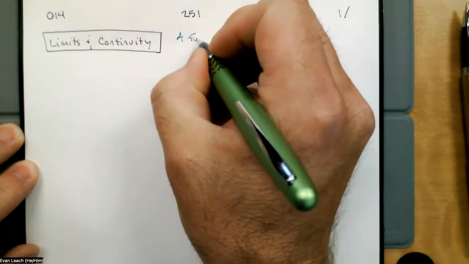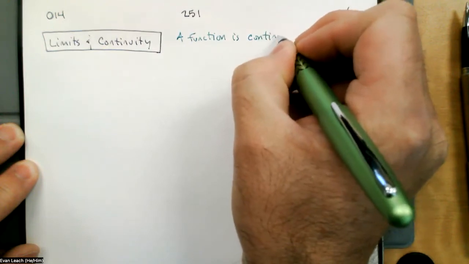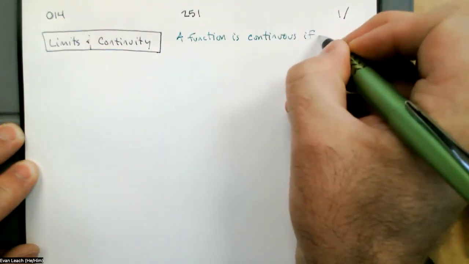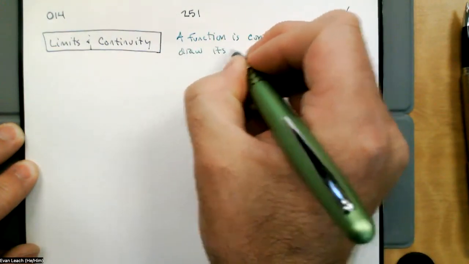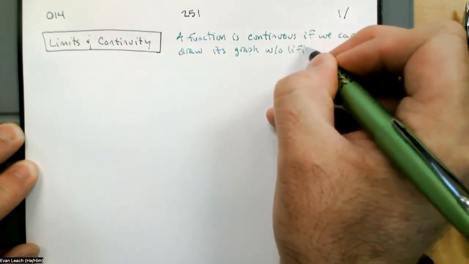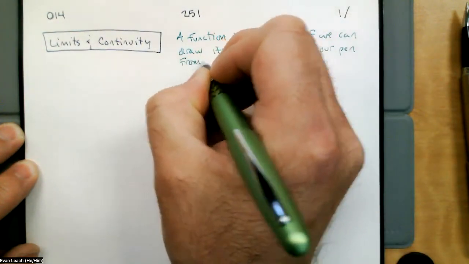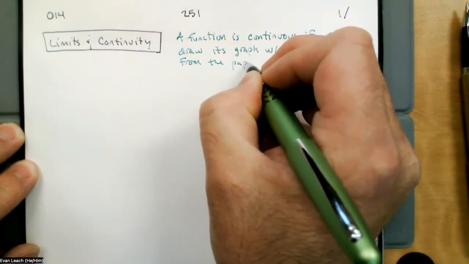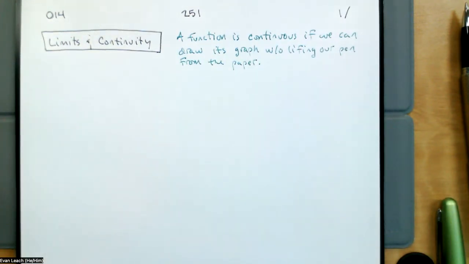So a function is continuous if we can draw its graph. So this is kind of a bad description of continuity.